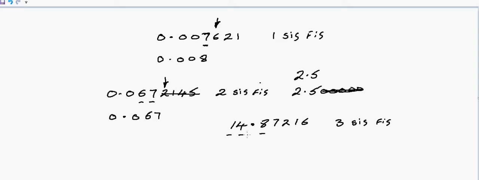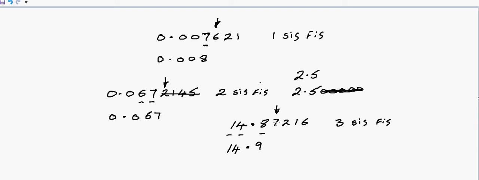They're my first 3 numbers. I look at the next number, it's a 7. So we round up. So this 8 becomes a 9. So we get 14.9.